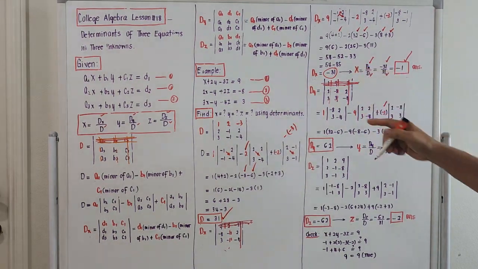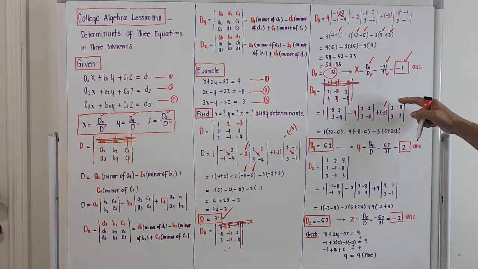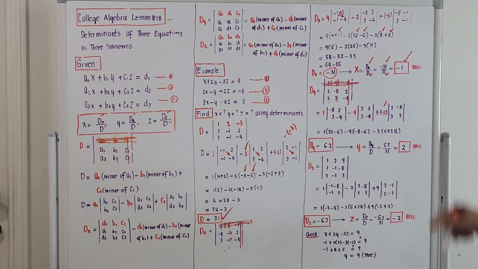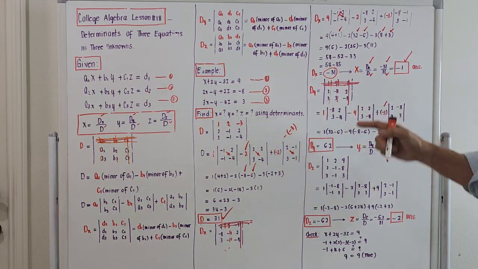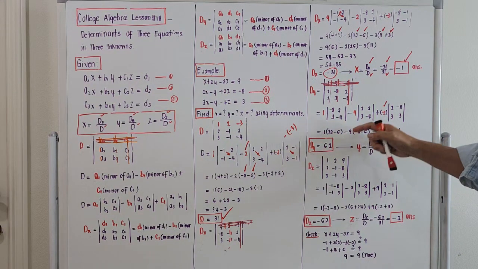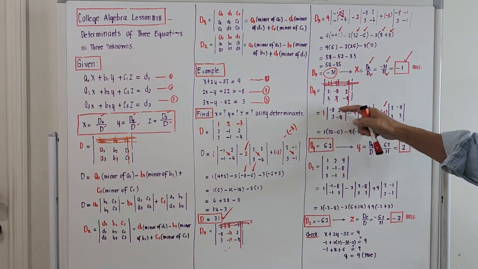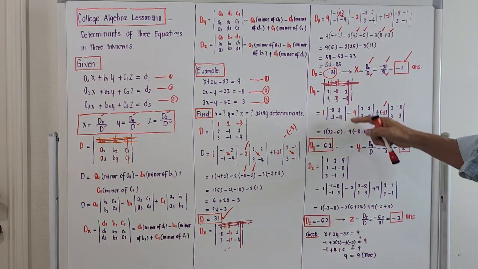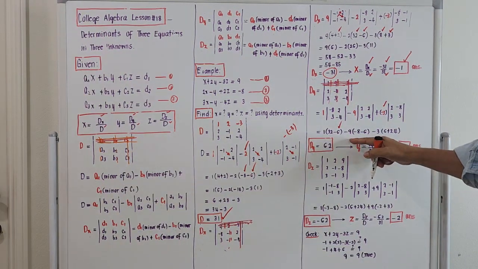What remains that was not crossed out is 2 and 3 and negative 8 and 3. And again, if we simplify this 2 by 2 matrix, that was the previous lesson, it should be 1. Minus 8 times minus 4 will be positive 32. 3 times 2 will be 6. The operation is subtraction, so this is minus 6. Okay, minus 9.